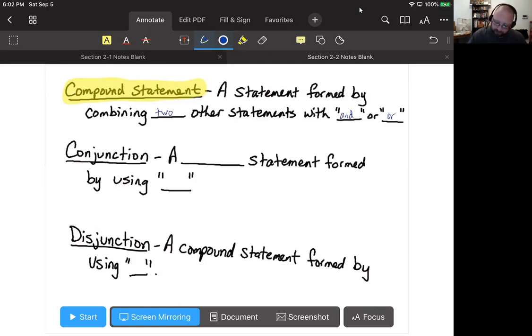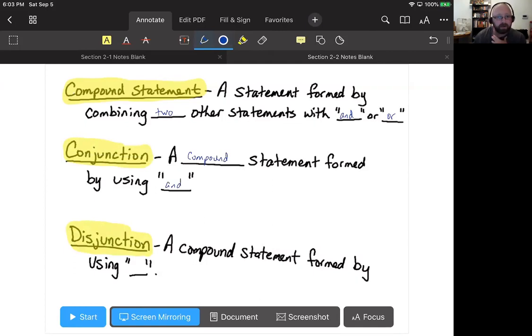So a conjunction is another. There are also vocab words conjunction and disjunction. So we're going to define these as well here. A conjunction is a compound statement formed by using the word and.